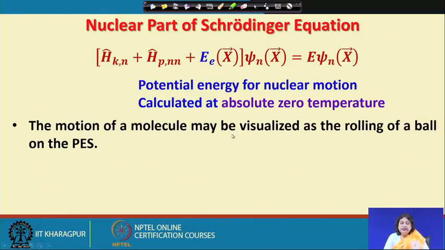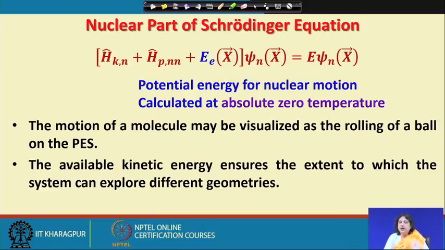Now, obviously, the question is, at a finite temperature, how do I represent the chemical reaction on the potential energy surface? This is in general visualized as a rolling of a ball on the potential energy surface that I will show to you later. So, depending on the amount of thermal energy available to the system, the kinetic energy is high or low, and that determines the extent to which the system can explore different geometries.